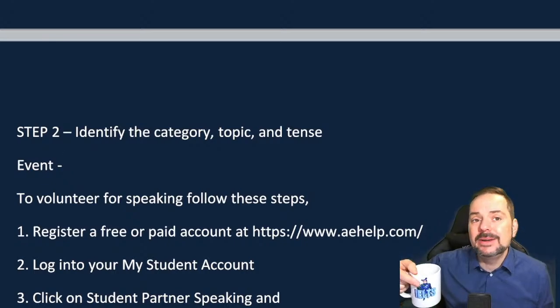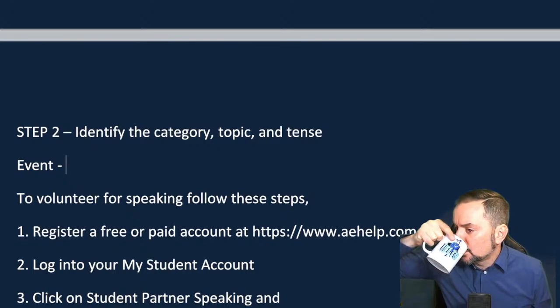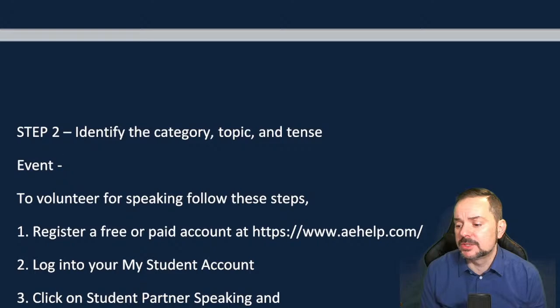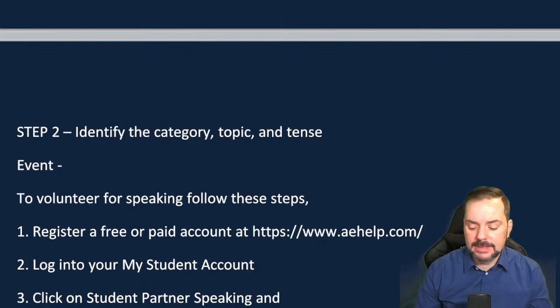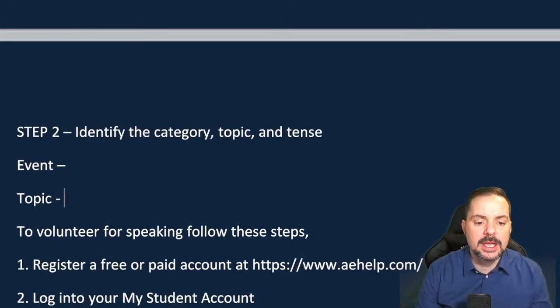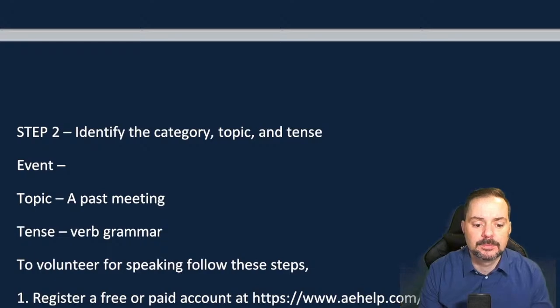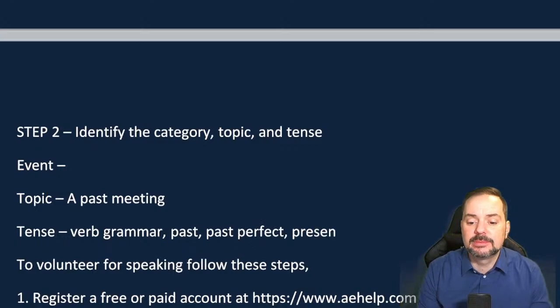And when we talk about an event, there are some very important points to include. That's right, Jyoti. It's an event. And what kind of event? So the topic is a past meeting. The tense will be the grammar, especially for the verbs. It will be past, past perfect, present perfect, and maybe some present.